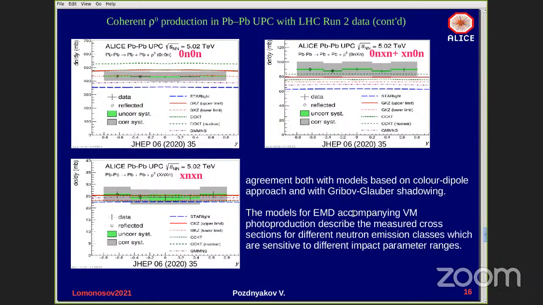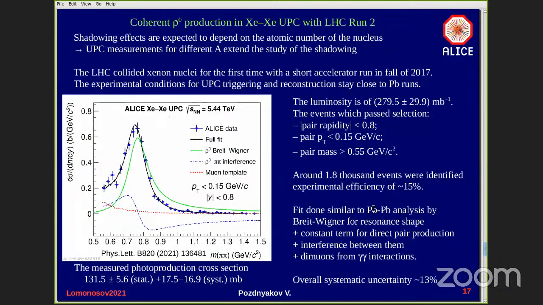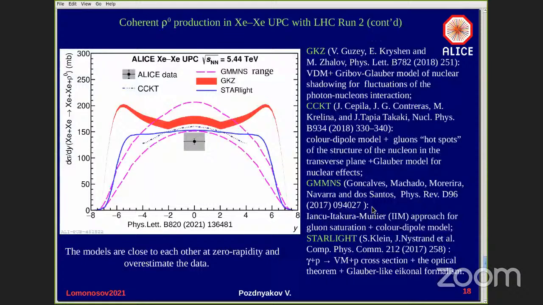We conclude that we found agreement with the models based on a color dipole approach with a Gribov-Glauber shadowing. So we repeated this job for xenon UPC, and here the statistics are quite small, and we got only one point, and compare with the same calculation from our authors, theoreticians.